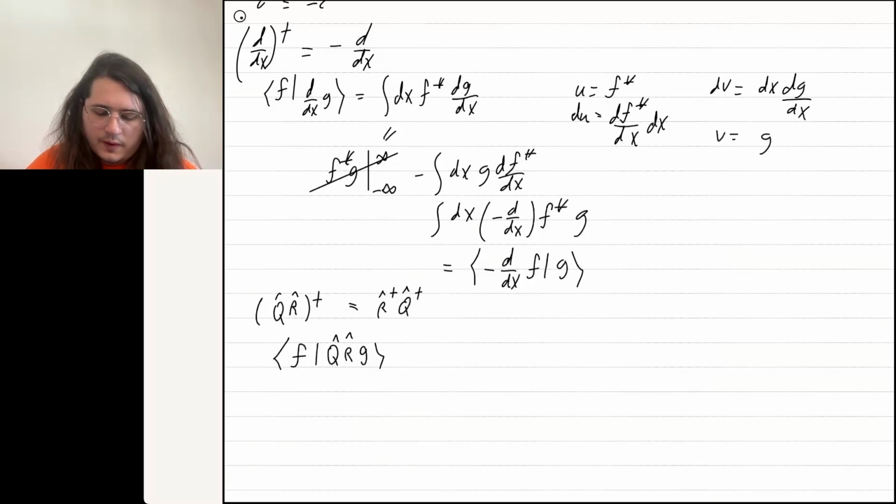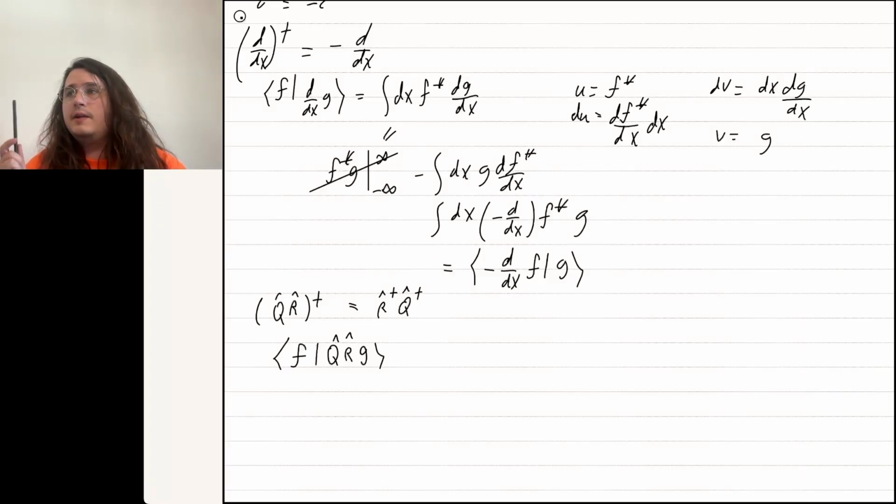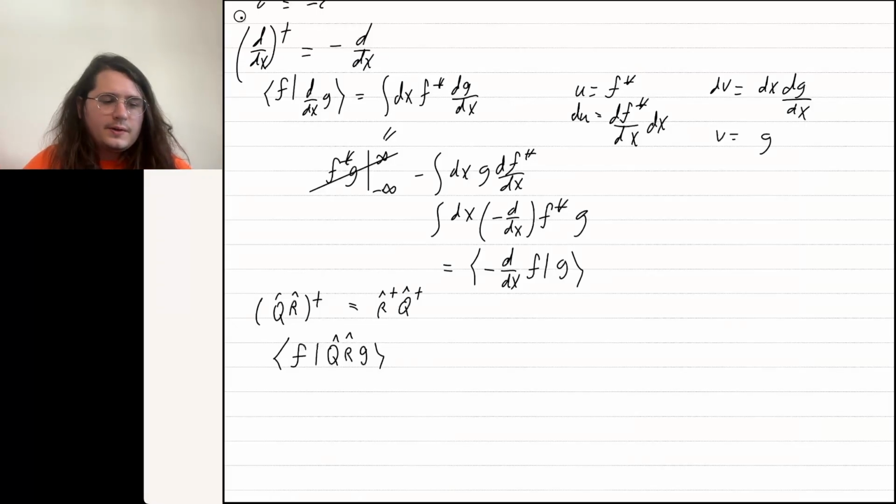And so to accomplish this, what I'm going to do is make use of the fact that any operator acting on a vector is a new vector, right? So we can define rg, for instance, to be a new vector called h.